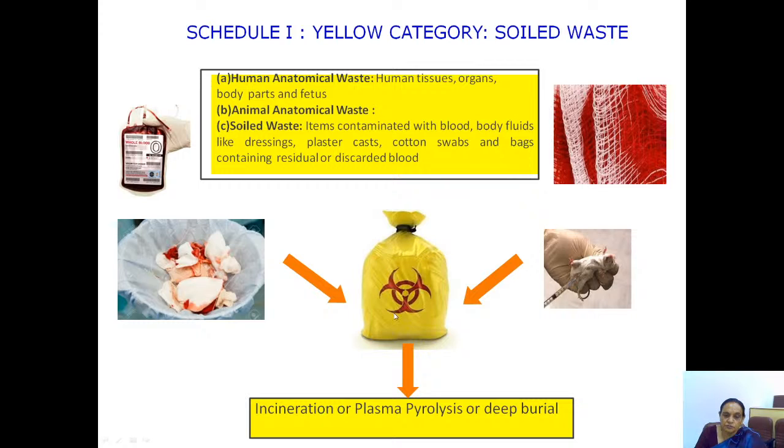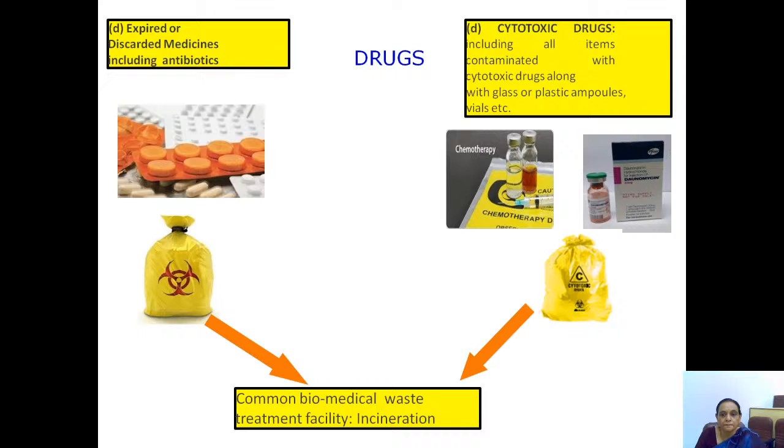And what is important is this yellow bag is made of a plastic which is PVC free, so that when you are putting it in an incinerator at high temperature, the smoke or fumes that are generated are not toxic in the environment.